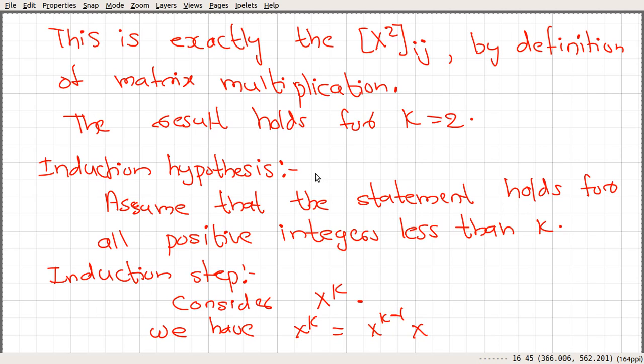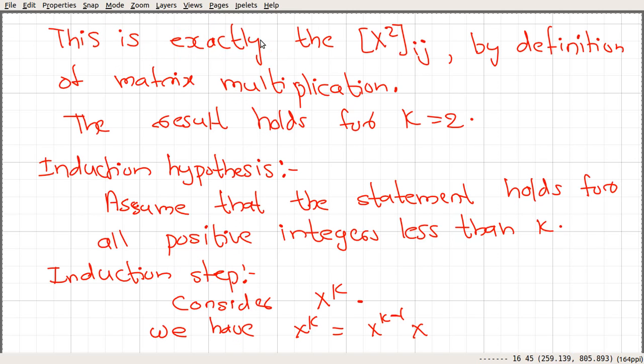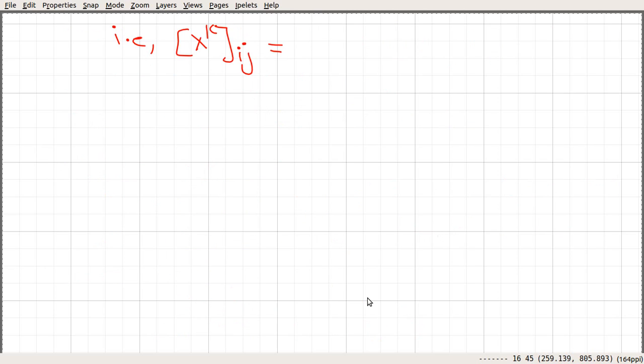Okay, and let me rewrite this in a different way. Let's consider the ijth entry of that power. If you look at the ijth entry of this kth power, since here we are performing matrix multiplication, that will be something like a summation from m equal to 1 to n.